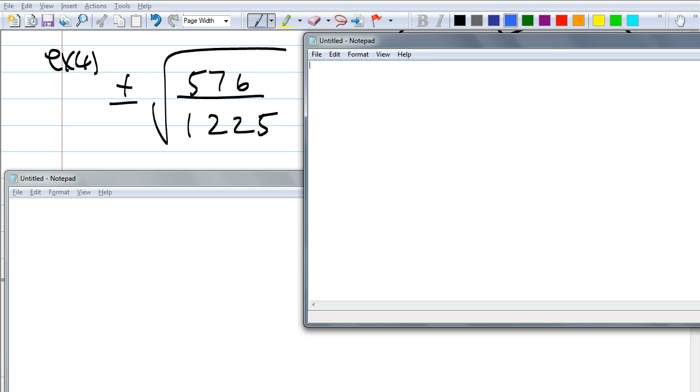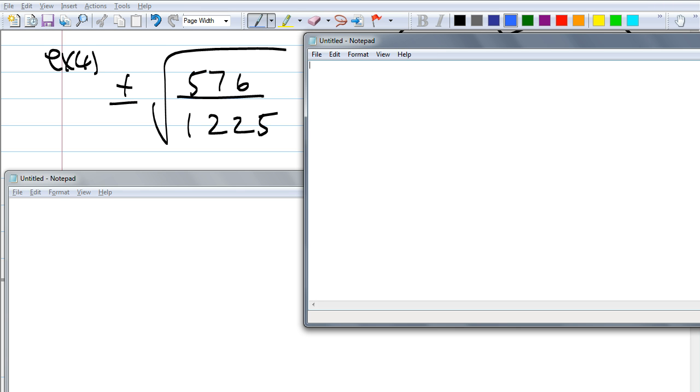Plus or minus the square root of 576 over 1,225. By the way, before we begin, what does that positive or negative sign in front of it mean? Yes, Maya? That's right. Guess how many numbers this represents? 2 of them.